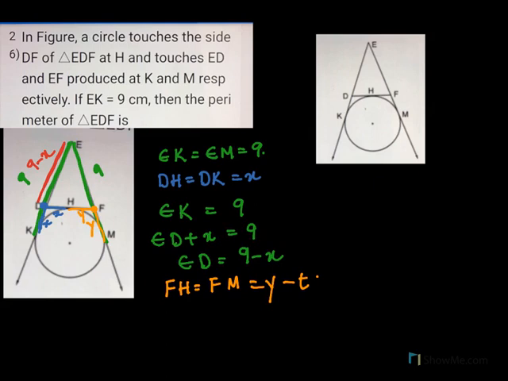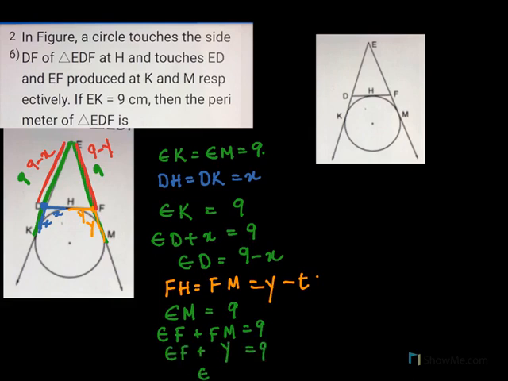Now look at what EF should be. We know that EM equals 9, and EM is made up of EF plus FM equal to 9. Now FM we take as y, so EF plus y equals 9. So our EF will be 9 minus y.